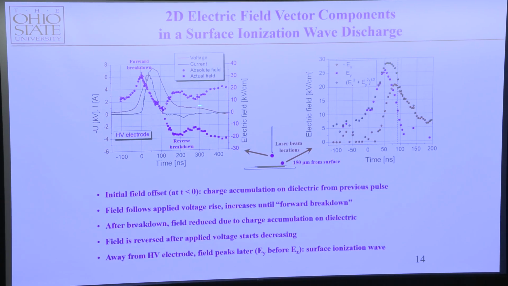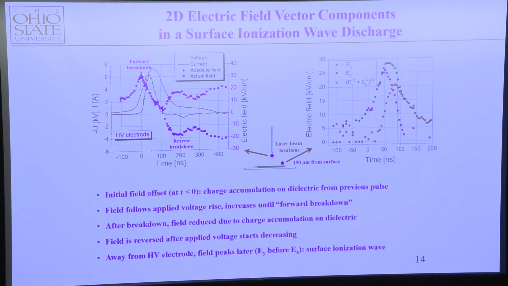We can show you the voltage swing. This is the electric field. This is the absolute field. This is a negative field. So you can see that when a voltage is applied, the electric field starts going up.